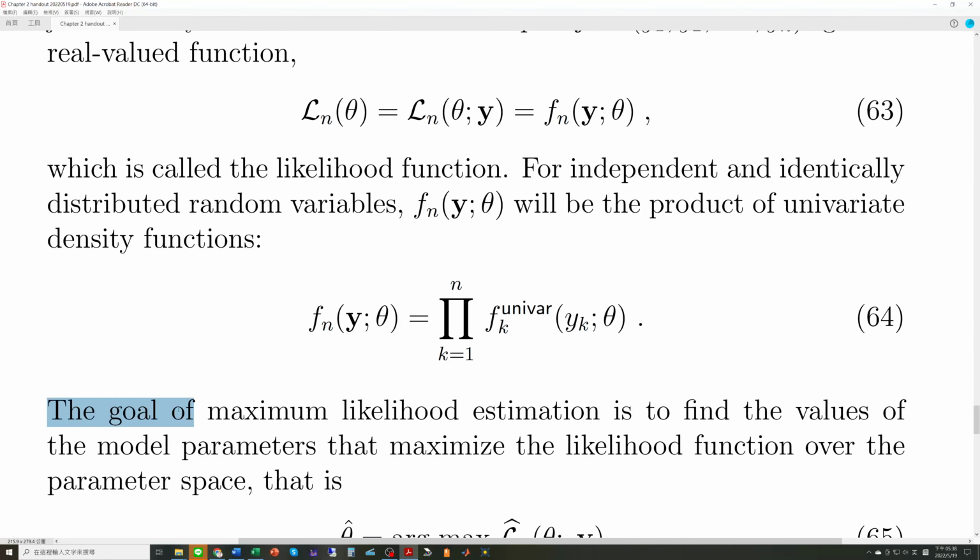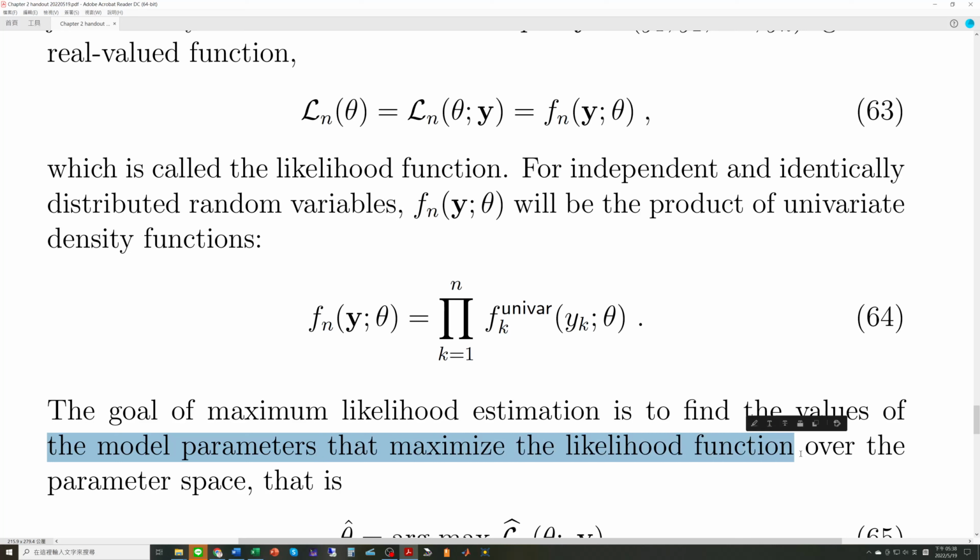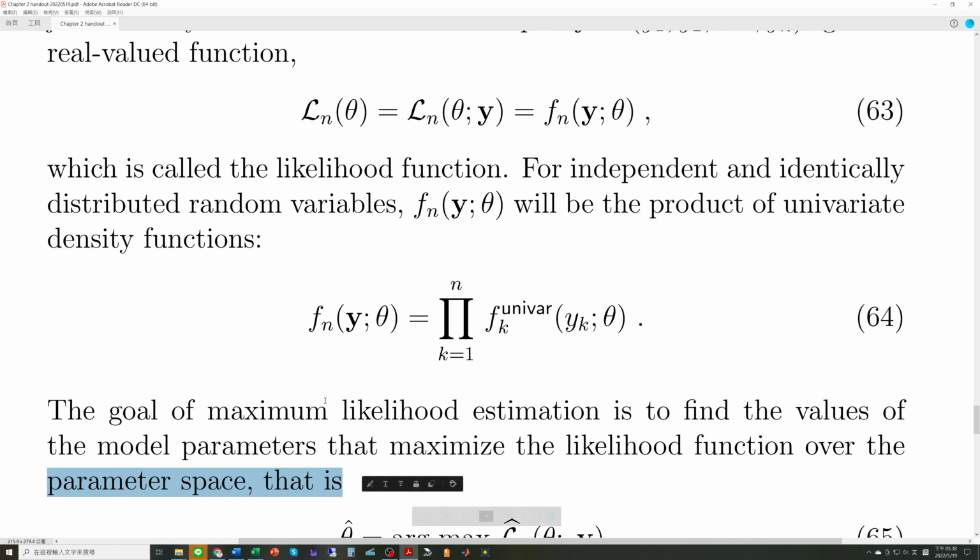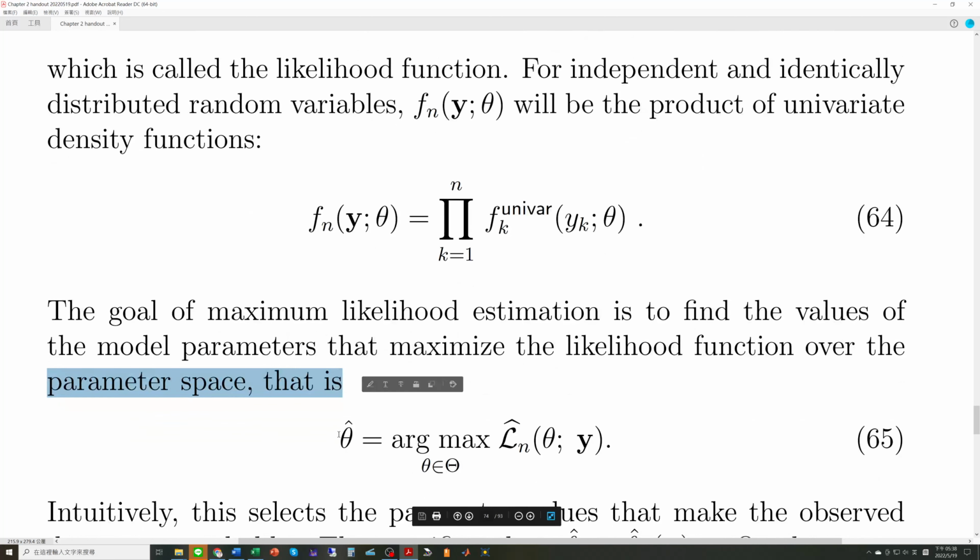The goal of maximum likelihood estimation is to find the values of the model parameters that maximize the likelihood function over the parameter space, that is, theta hat.